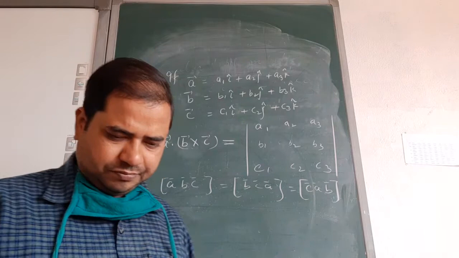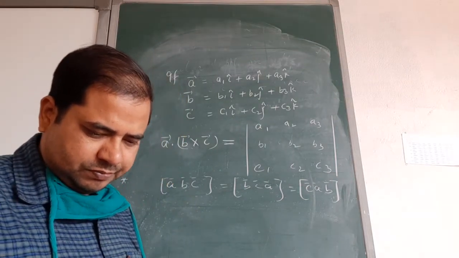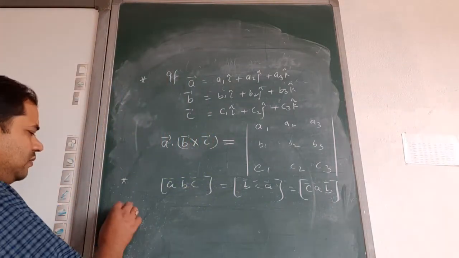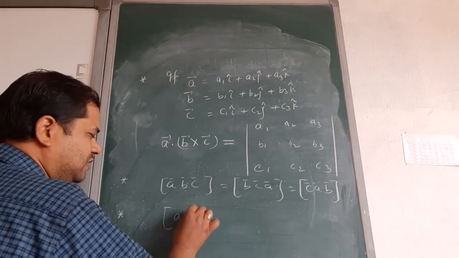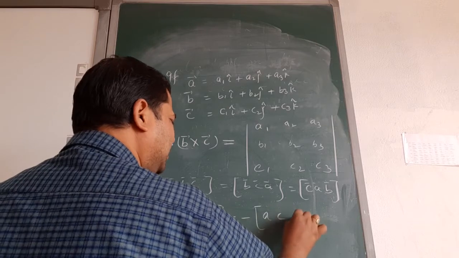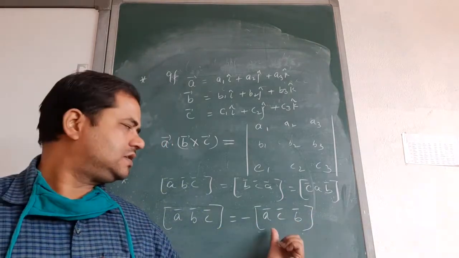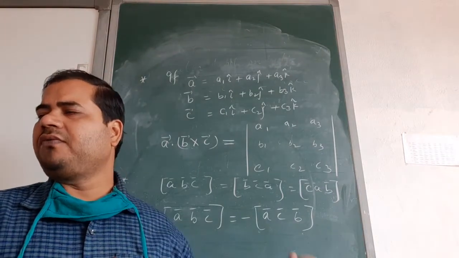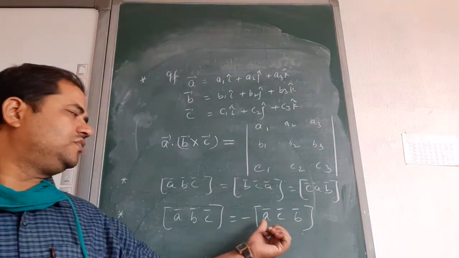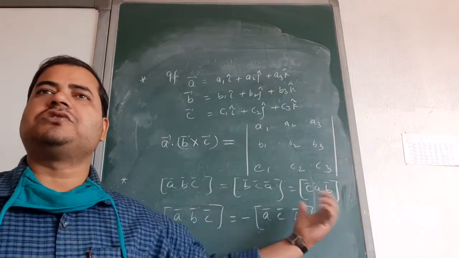Next one is, if you change any one in this, suppose [A B C], then this is minus of [A C B]. See the order? A, B, C, this is A, C, B, that's why minus of [A C B]. Only B and C can change, okay? Or if you change again to C, A, B, then this [C A B] is positive, okay?